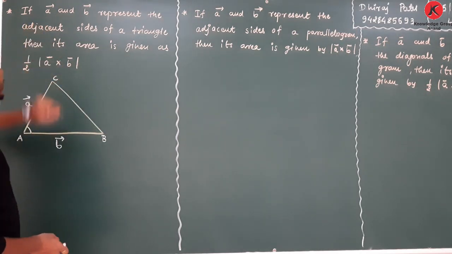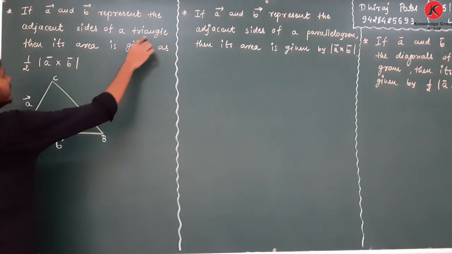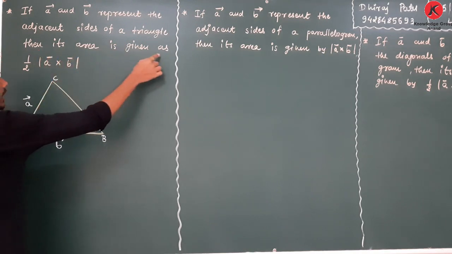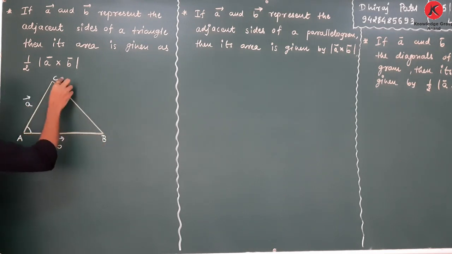If vector A and vector B represent the adjacent sides of a triangle, then its area is given as half magnitude of A bar cross B bar. Suppose this is the triangle ABC.